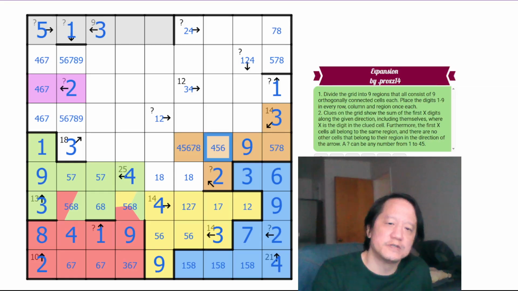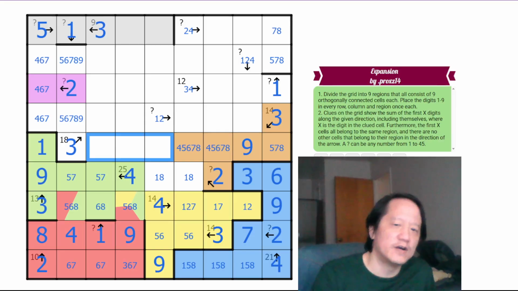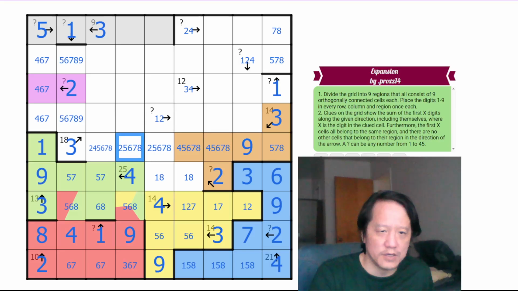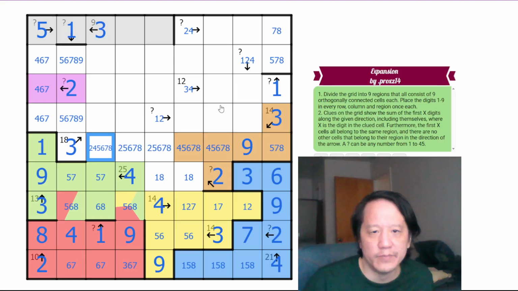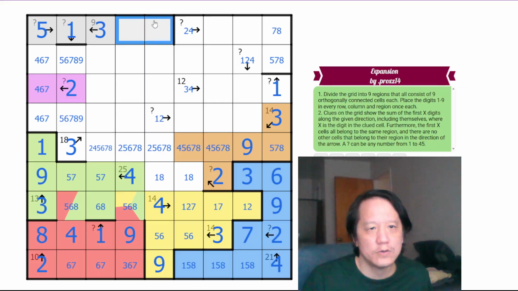This is 4, 5, 6, 7, 8. Remaining digits of row 5 are 2, 4, 5, 6, 7, 8. No 4s here because the 4 is in the column. 5 are part of the region. 2.